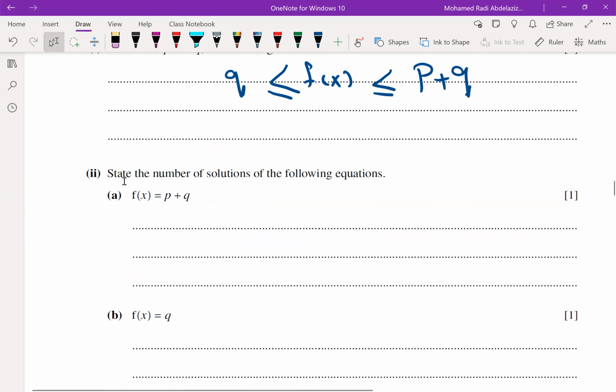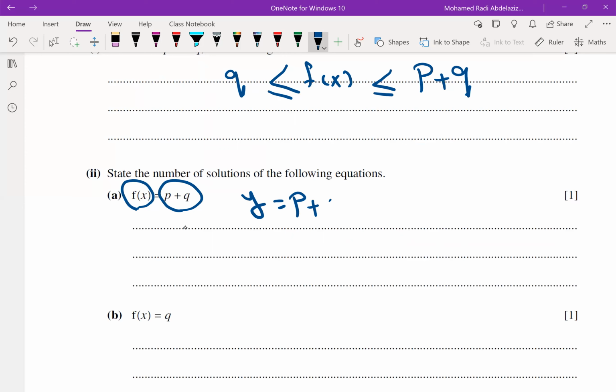Part 2, state the number of solutions. The number of solutions depends on the intersection of the function and the right side. P and q are constants, so it will be a horizontal line. By drawing the line which represents p plus q, and the curve, we already have the curve. You have to draw the straight line y is equal to p plus q.